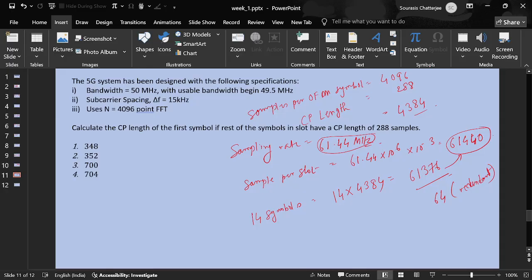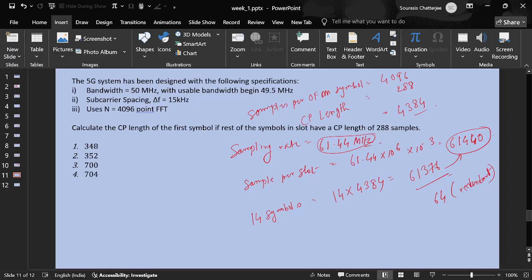When I say important information, I mean both the message samples and the CP length, both are important. There are 61376 necessary samples per slot, and according to the sampling rate there are 61440 samples. So there are 64 redundant samples you should fill, right?